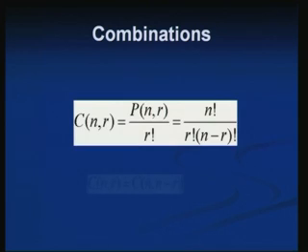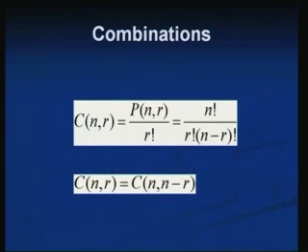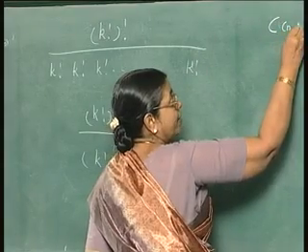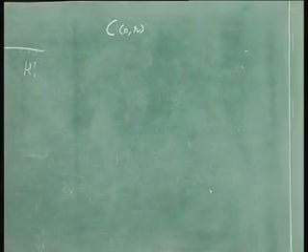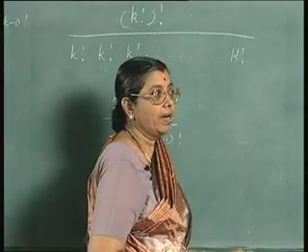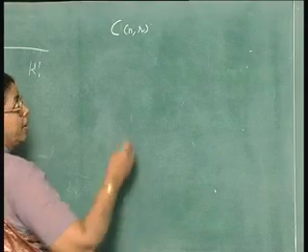Now, let us consider combinations or the number of selections. nCr is given by this formula: nCr equals nPr by r factorial, equals n factorial by r factorial into (n minus r) factorial. How do we get this? See, nCr is the number of ways of selecting r objects out of n objects. And nPr is the number of ways of arranging r objects out of n objects.